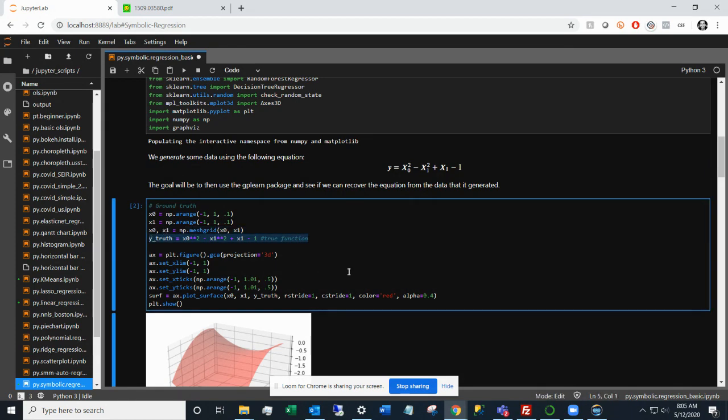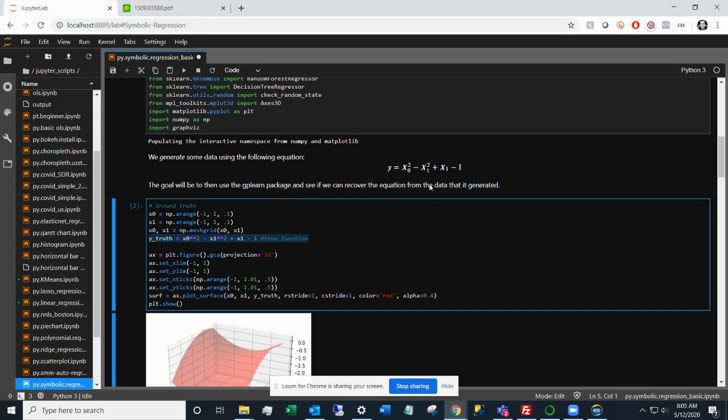We know how we are generating the data. We generate data using this equation. So y is related to x0 and x1. x0 and x1 are our two features or regressors, and it's related as x0 squared minus x1 squared plus x1 minus 1.